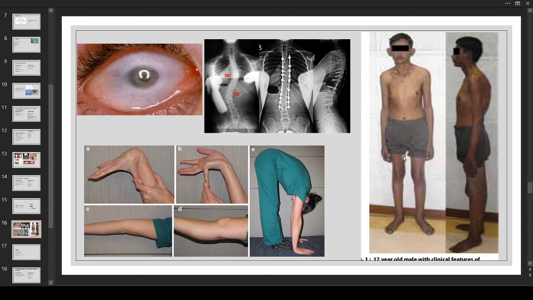As you see, he has very long arms for his age, that if stretched horizontally are going to be as much as his height. Here's the scoliosis, and corrected after surgery, as here, and the microcornea.